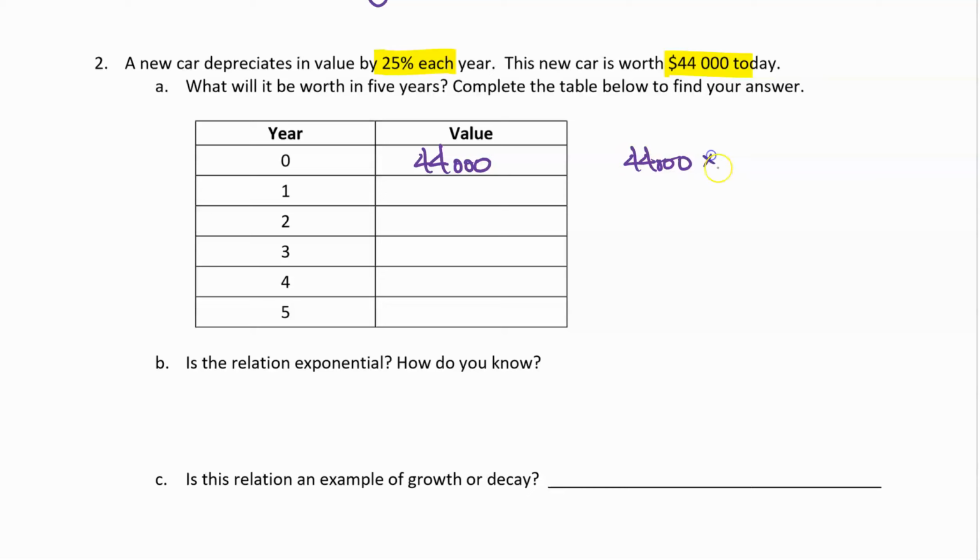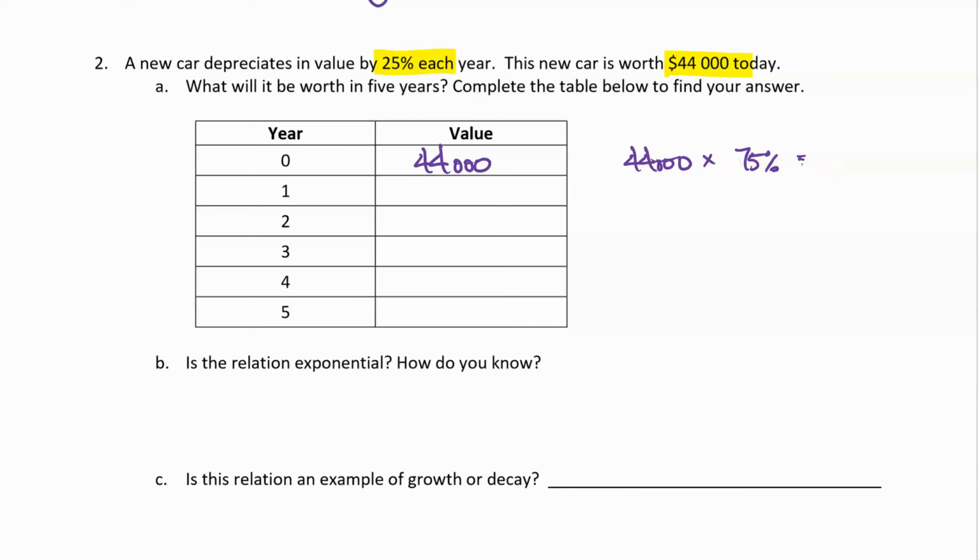And you want to multiply it by 0.25, which will give you the amount that it depreciates, and then subtract it from the 44,000. Or you could just multiply it by what it's going to be worth. In this case, what it's going to be worth is 100% subtract 25, so it's going to be worth 75% of its value. And this will just give us the final answer.